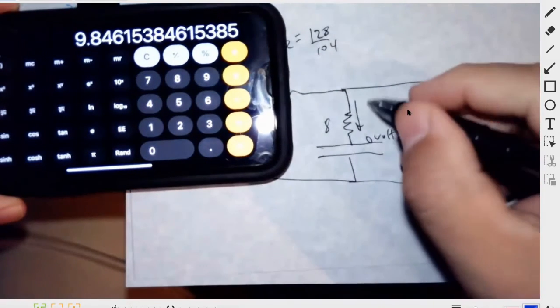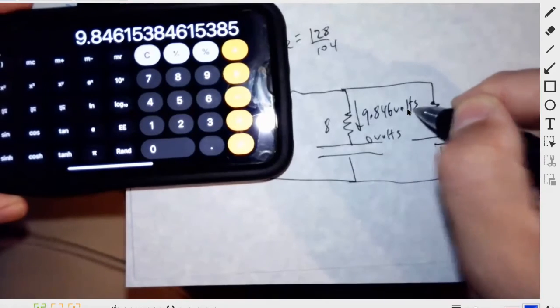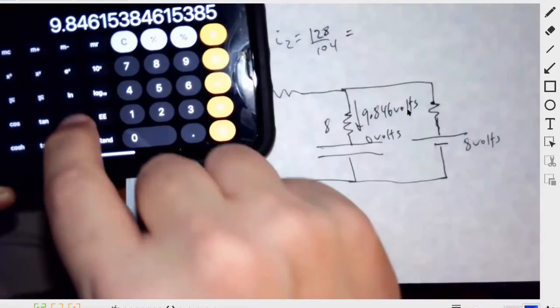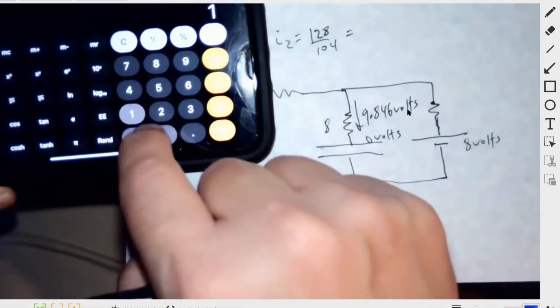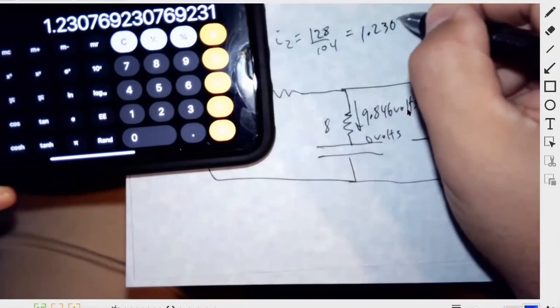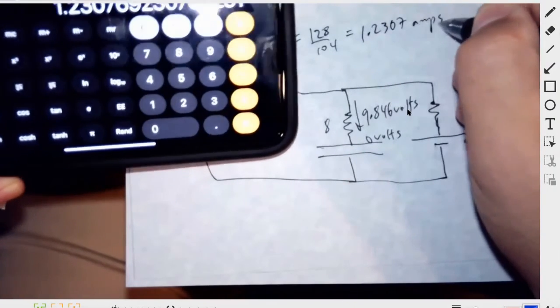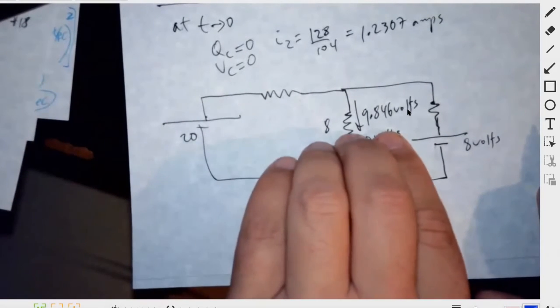Okay, so the voltage drop here is 9.846 volts, and the current is 1.2307 amps. So initially, the capacitor acts as if it's not even there.